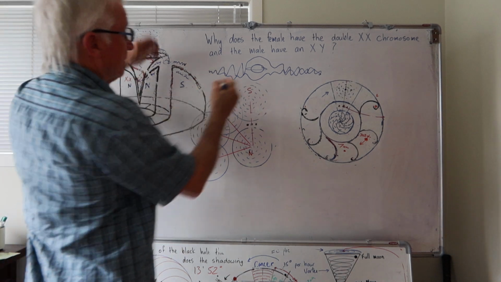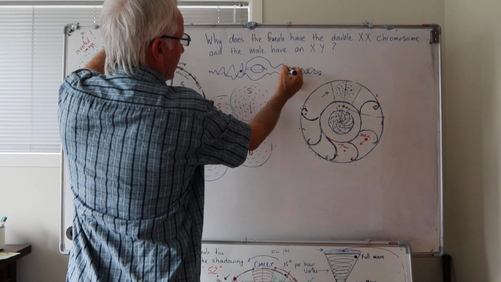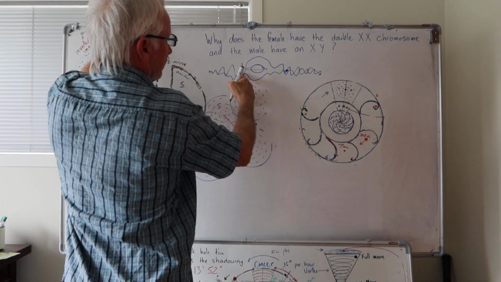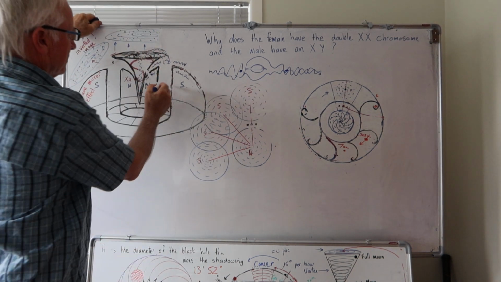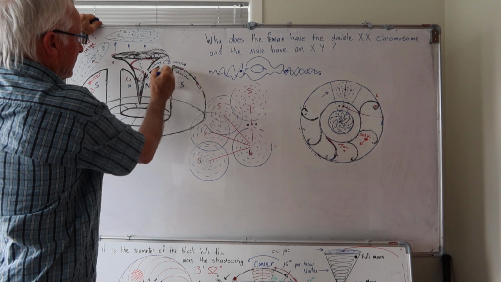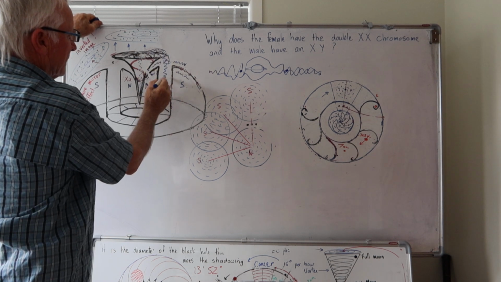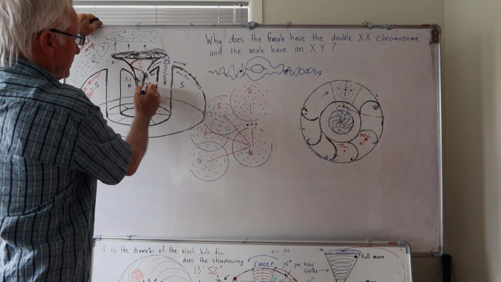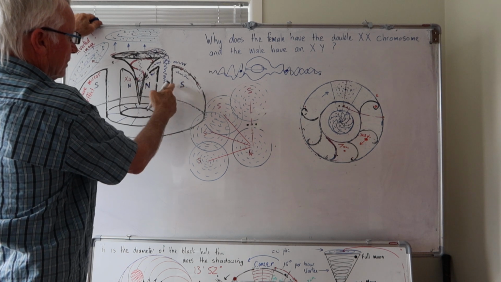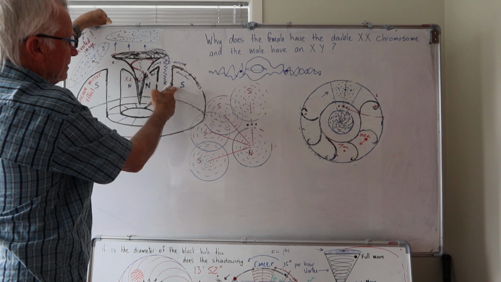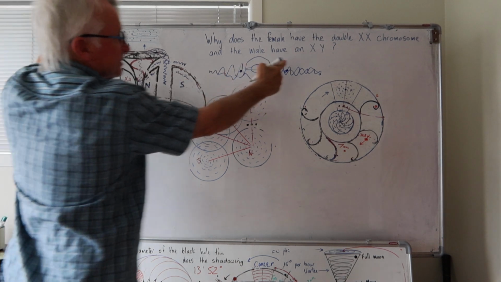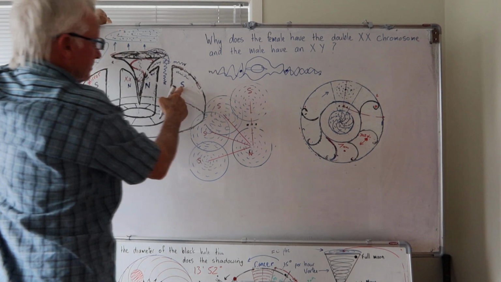So we have a female end and a male end. We've got Mercury here and Venus there, male, female. Well, this male end here is electromagnetism created between the North and the South Pole. North and South Pole capacitor plates. It's the X and Y chromosome.